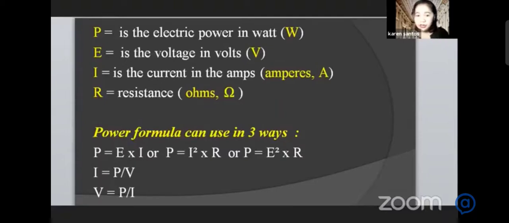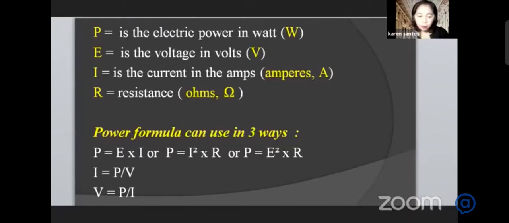So P stands for power in watts, E is for voltage in volts, I, same as before, is current in amperes, and R is the resistance. Now, you can use the power formula in three ways, depending on the problem, on what we are looking for.